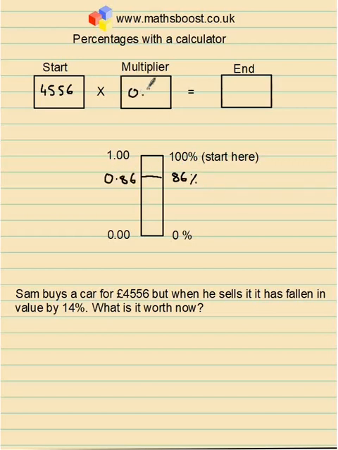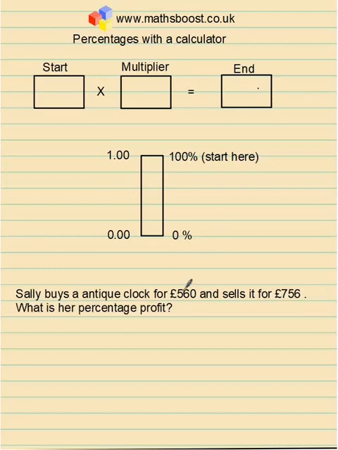So that goes here. And we can do this on the calculator. 4,556 times 0.86 gives us £3,918.16.